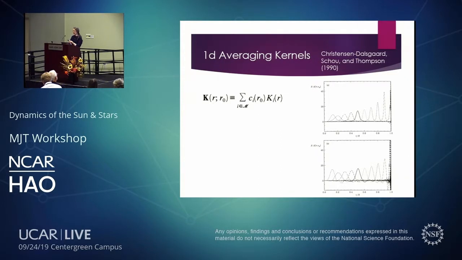So for each mode, you have a sensitivity kernel, and you make a weighted average of those, and that gives you a weighted average of the rotation rate. So that bold K there is the thing that we call an averaging kernel, and what you're aiming for is to get a nice localized one. And then you can basically get an estimate of the rotation rate, which is a convolution, or it would be if there weren't any errors, a convolution of the real rotation rate with these averaging kernels.